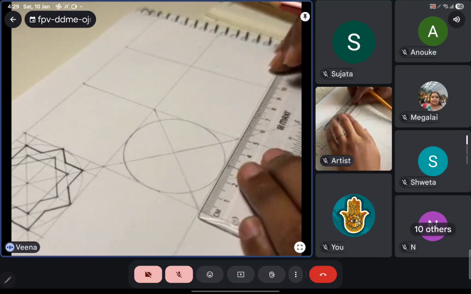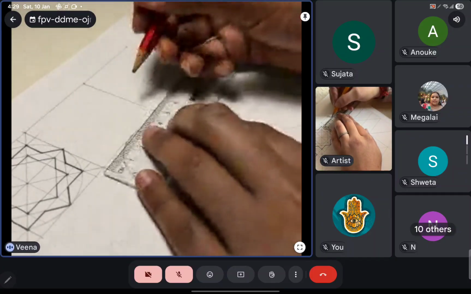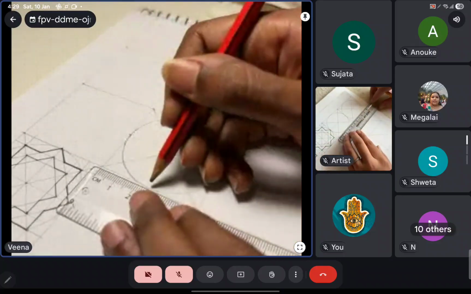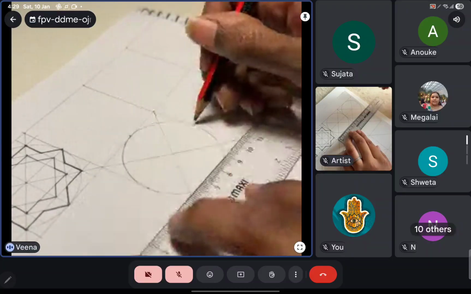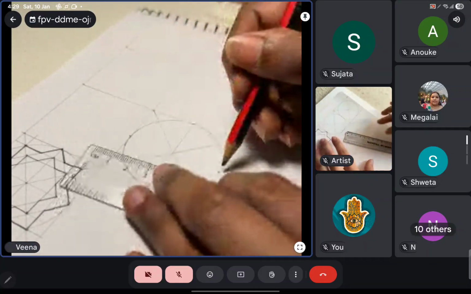And as one of the participants mentioned, you could take measurement again if you'd like. It will be 2.5. We can just keep that in mind and then just draw.